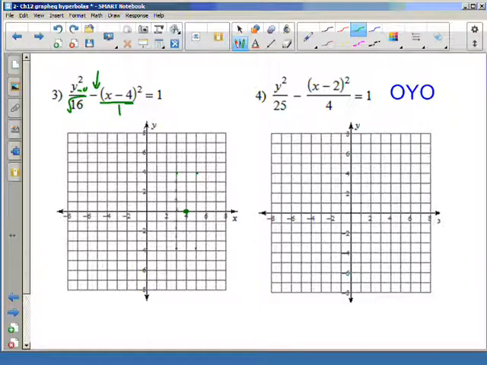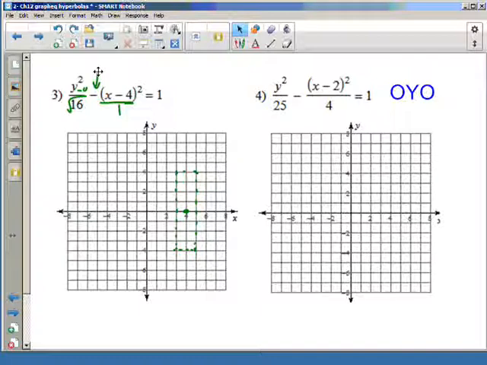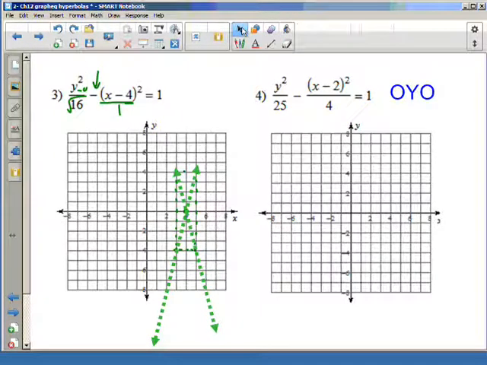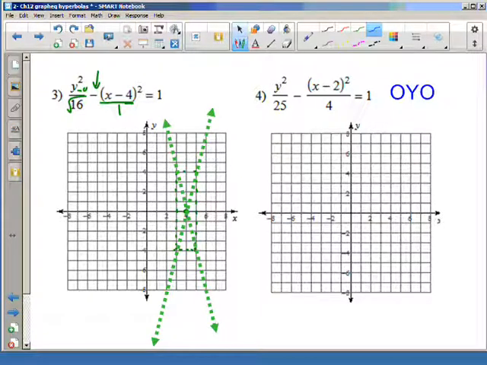I'll make that little box. Okay. And our asymptotes here. Okay. And the graph will be, like we said, up and down.